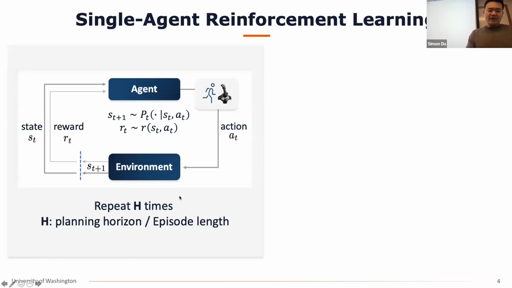Then the environment will move the agent to the next state, s_{t+1}, according to a transition probability, let's say P_t given s_t and a_t. The agent will also receive some reward based on s_t and a_t as well. Then this interaction repeats for H times. That's one episode, or we also call this H the planning horizon.